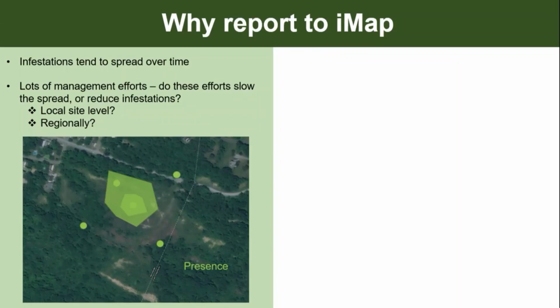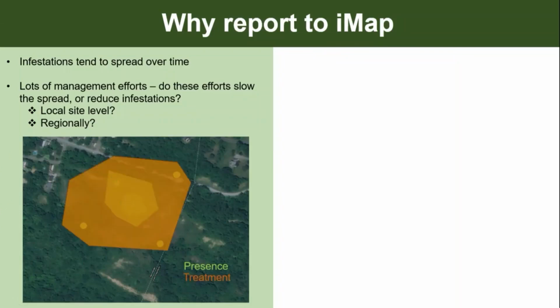If you think about it from the management angle, let's say the managers become aware of the population at this moment in time when the infestation has spread to this extent. So they can actually record a treatment record. And since we know invasive species often don't just disappear after you treat them once, most managers will go back a second year and see what comes back up.